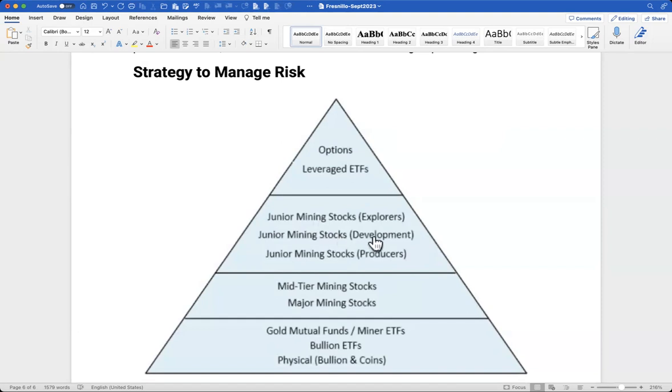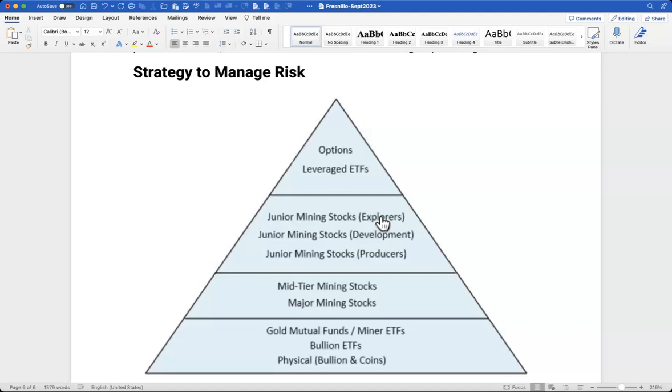And on developers, I own a lot of developers. These two right here combined, I have about 25%, which is a lot of risk. Explorers, I like to have 0.25 to 0.5 allocation. And explorers are usually mostly 0.25 and maybe some of them even less than that.